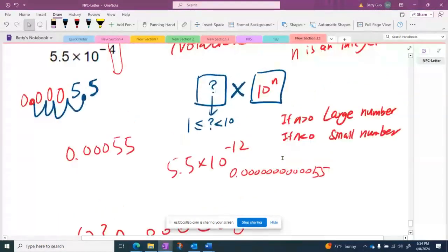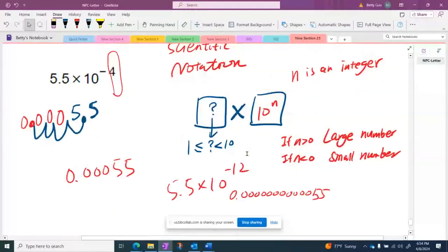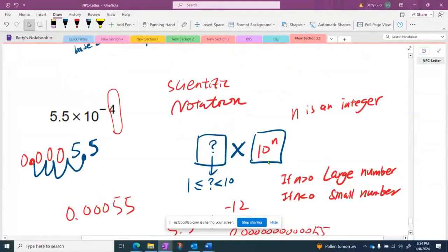Let me know if I'm clear. So the important thing is to grasp the look of a scientific notation. It has two parts. In the middle, we have the multiplication symbol, the cross, connecting the two parts. The first part must be a number bigger than or equal to 1 and strictly less than 10. And the second part must be a power of 10. The base has to be 10.